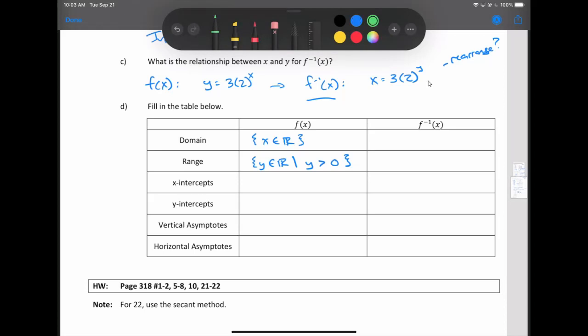Pop-ups everywhere. Okay, so x has to be positive, but our y can be anything. I want you to make a little connection here that we've essentially just swapped domain and range for the two.